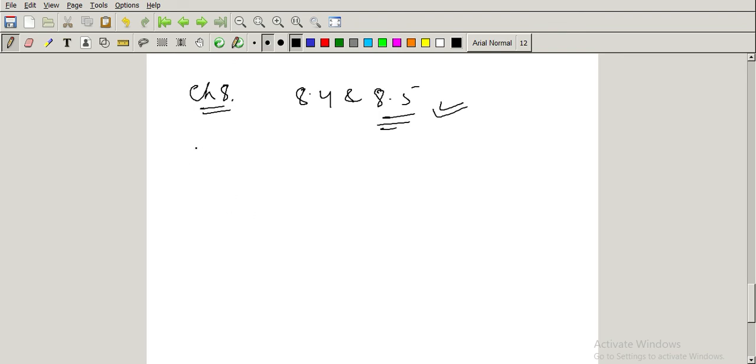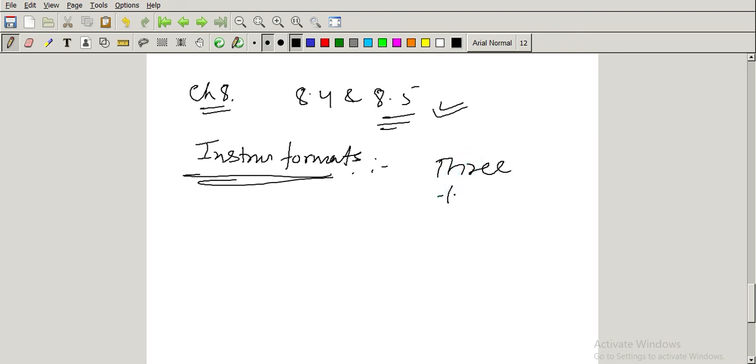These are some instruction formats. So instruction formats, like 3 address, 2 address, 1 address, right?